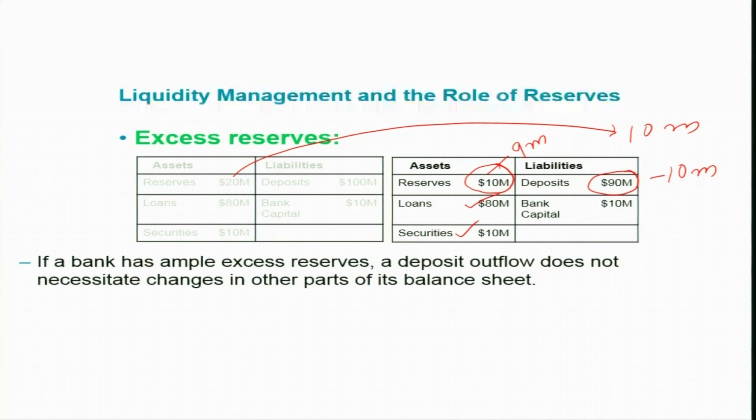If a bank has ample excess reserve, a deposit outflow does not necessitate changes in other parts of its balance sheet. So they can easily honor the withdrawal request from depositors.